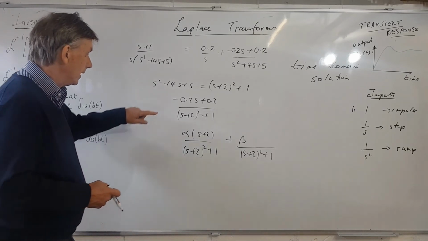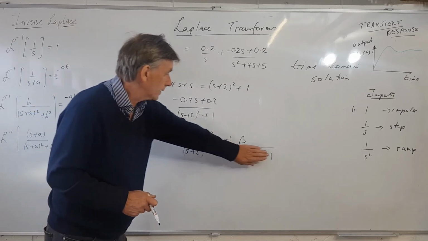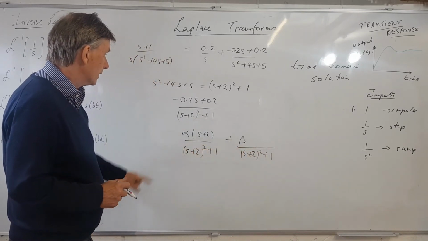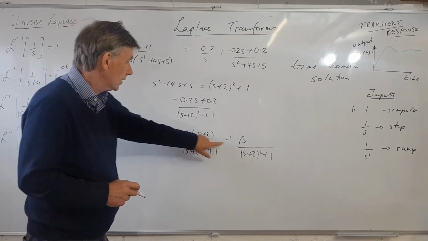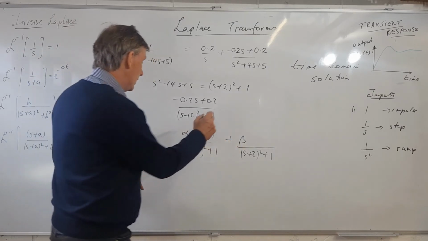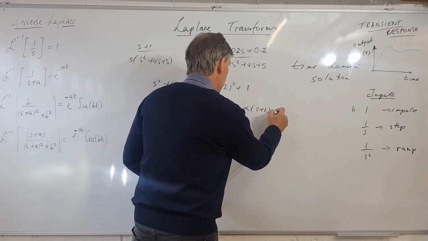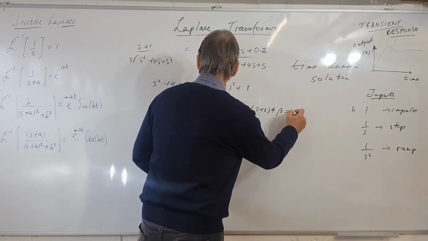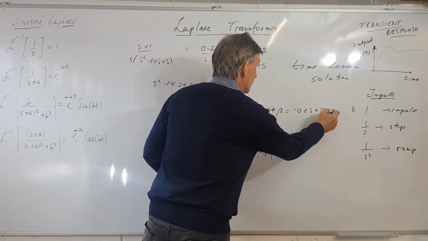So if we multiply, this has got to equal to this. So if we multiply everything by this term, we can delete those. And so we get essentially this equation: alpha times s plus 2 plus beta equal to minus 0.2s plus 0.2.